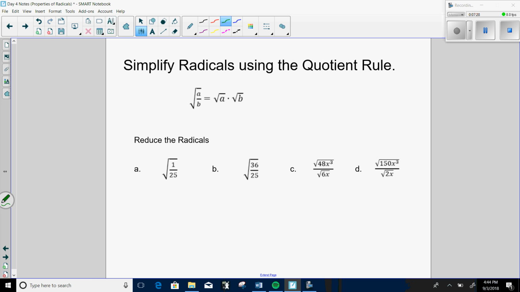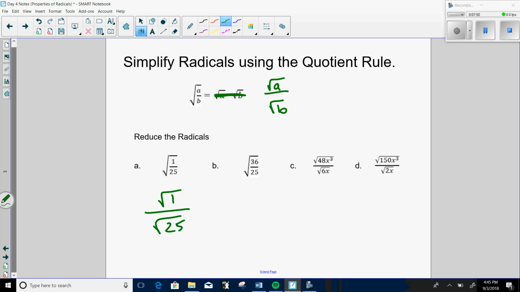Okay? Same thing here. Square root of 1 over 25. Well, if I look up at the top of the rule, this should say square root of a over b is equal to the square root of a divided by the square root of b. So I can break this up as the square root of 1 over the square root of 25. Well, the square root of 1, well, 1 times 1 is 1.